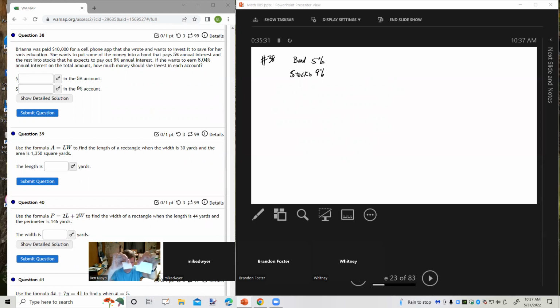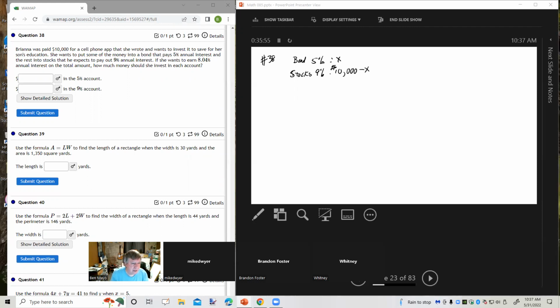We're going to invest part of it at 5% and the rest of it at 9%. Well, let's call the first part of it X. If this is $10,000 and we invest X, what do we have left? We have $10,000 take away X.